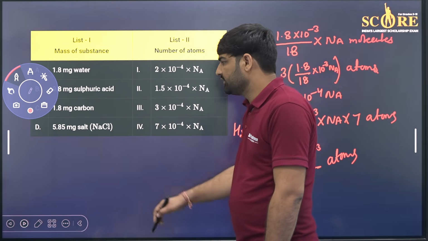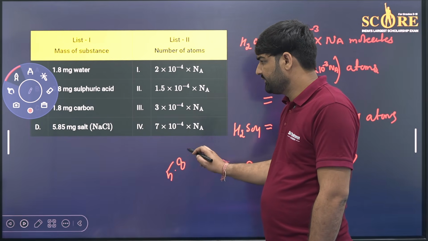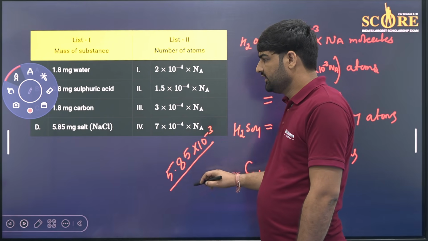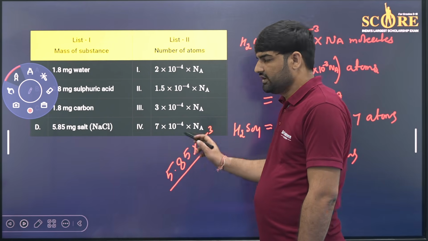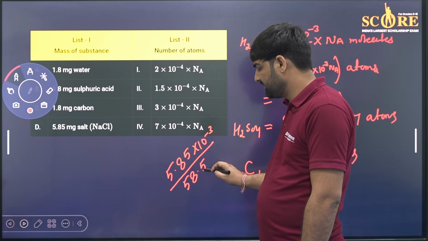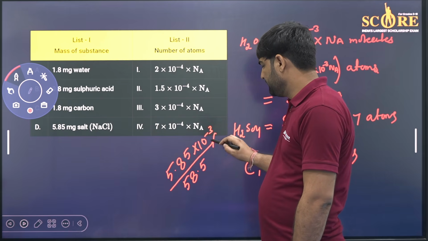Now we are talking about NaCl. This is 5.85 milligram, 10 raised to power minus 3, and this is mass in gram, and this is molar mass. 58.5 is molar mass for NaCl. This is mole, and multiply by Na.